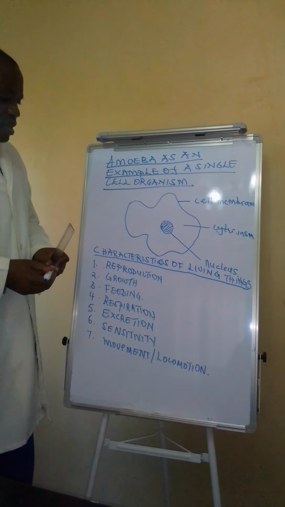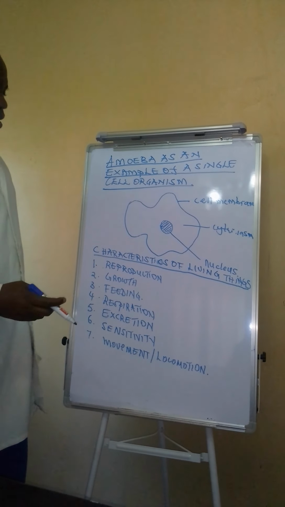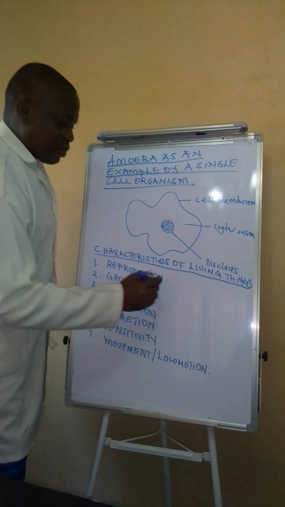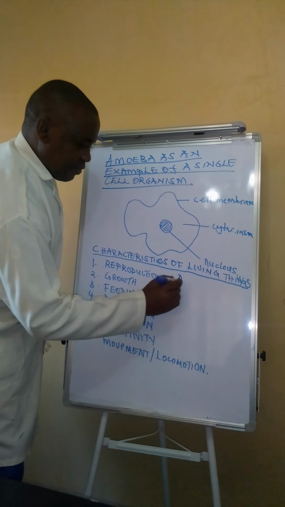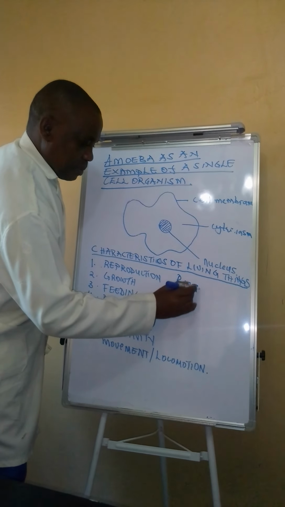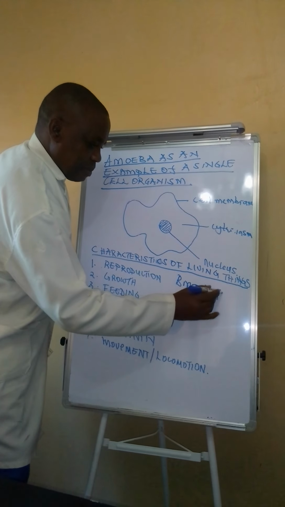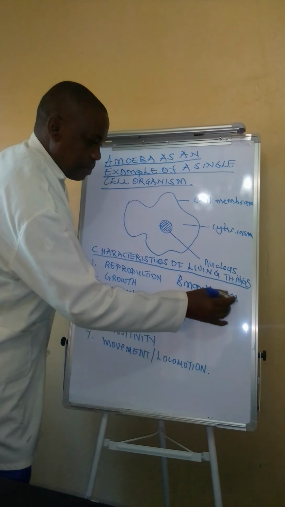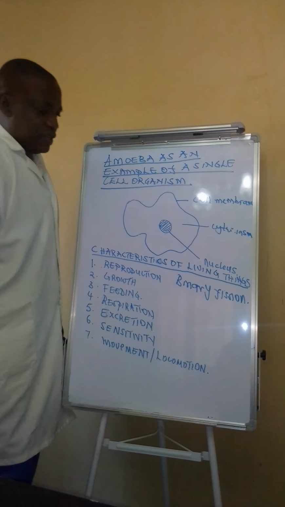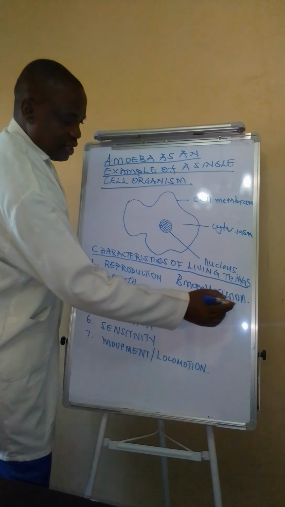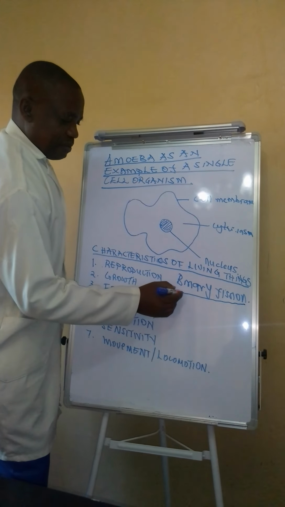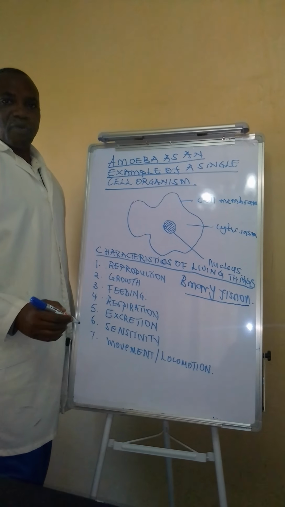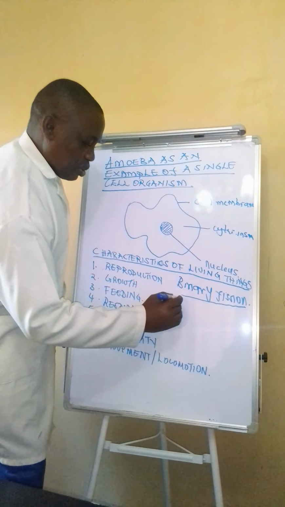In amoeba, since it is a single cell organism, the way in which it carries out reproduction is by way of binary fission. Binary fission is an example of what we call asexual reproduction.